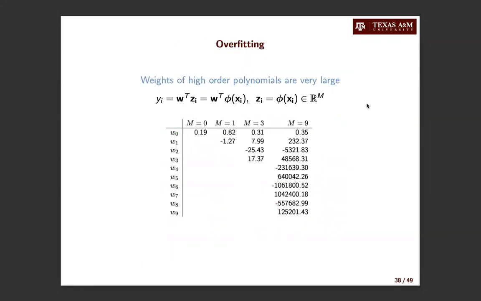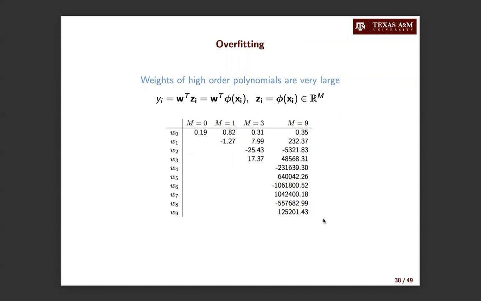We also see that in the same example, the more we increase the order of these polynomials, the more the corresponding weight coefficients increase, the absolute value of the weight coefficients increase. And this would mean that there are specific terms in that polynomial that would really skew our model towards some direction, and that direction might not actually be a good fit for our data.